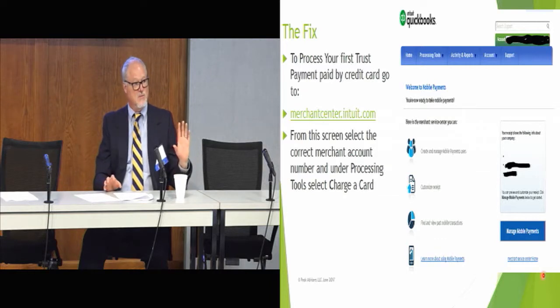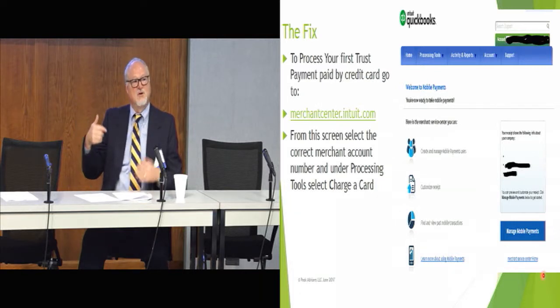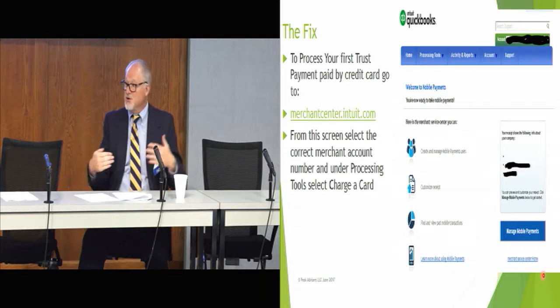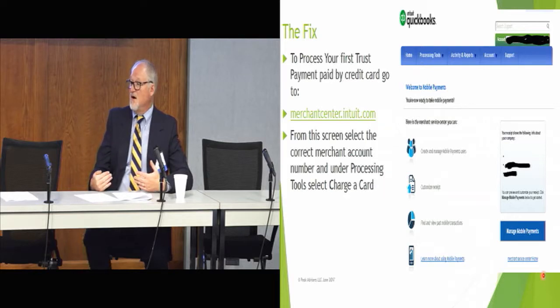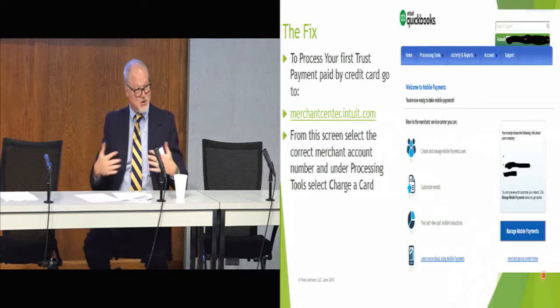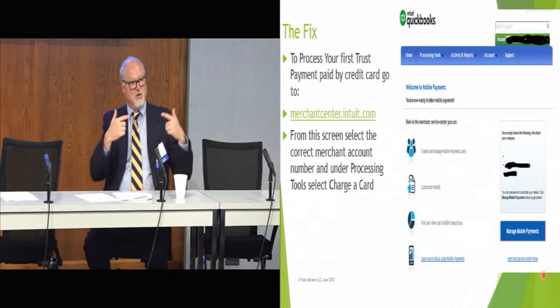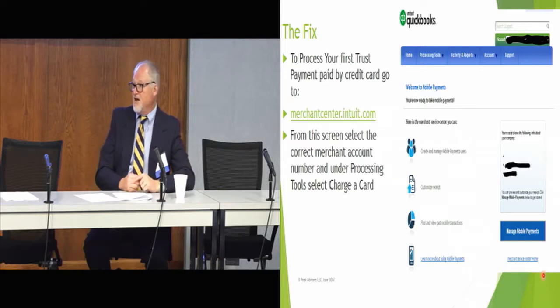You can see your merchant account for the trust, and by selecting where it says at the top account, you can actually now switch to look at even more detail on the actual transaction and how merchant service functions. So by clicking on the processing tools, you can start looking at where the activity actually comes to.